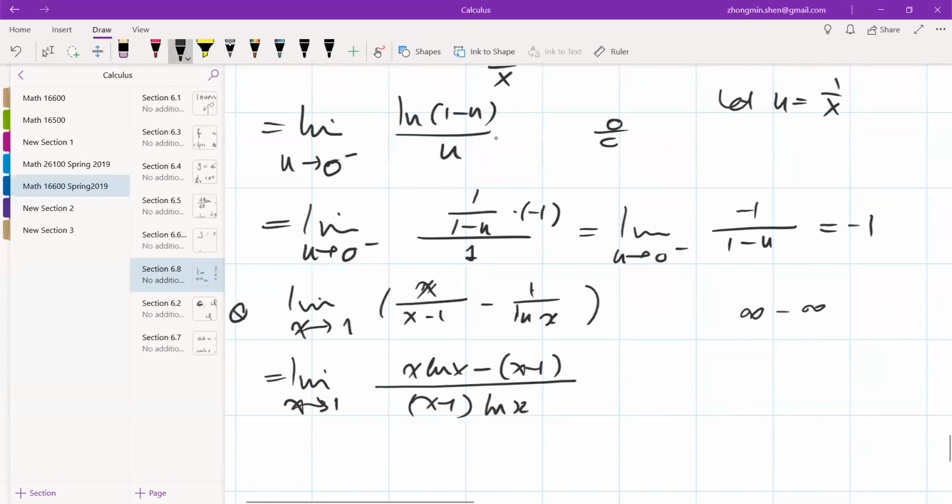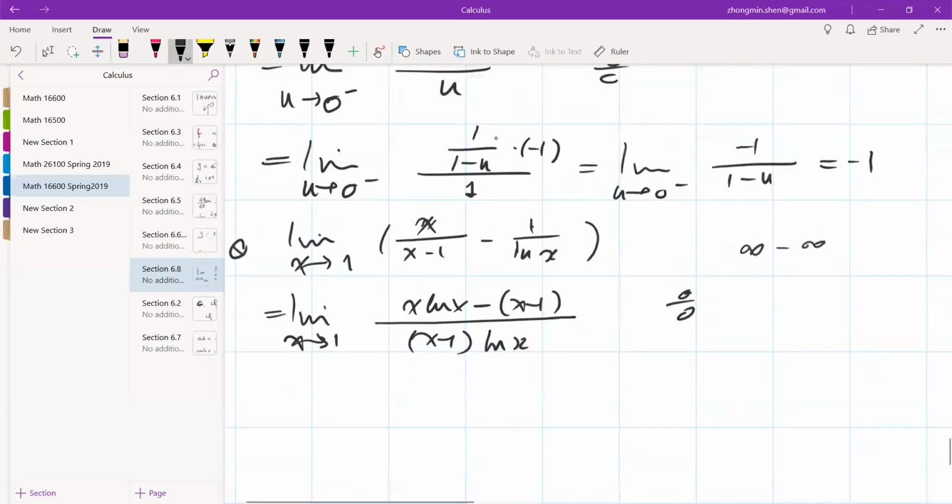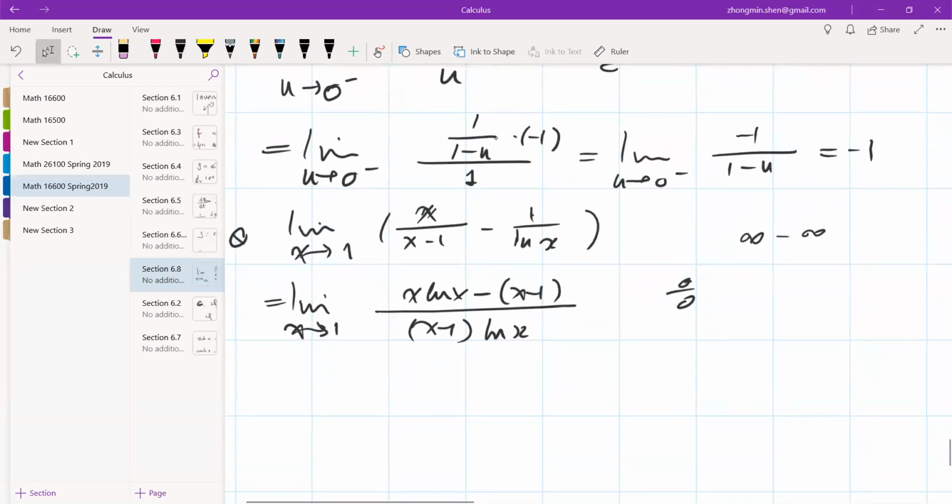Then I believe it is going to be 0 over 0 type. Yes, the natural log of 1 is 0, and x minus 1 becomes 0. I probably have to differentiate twice; that's a possibility.